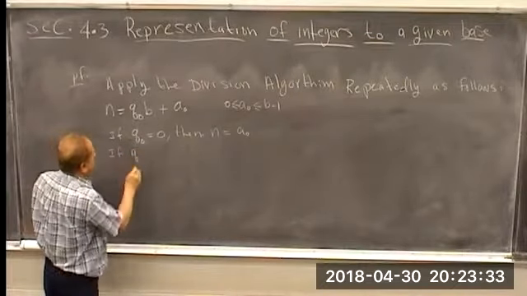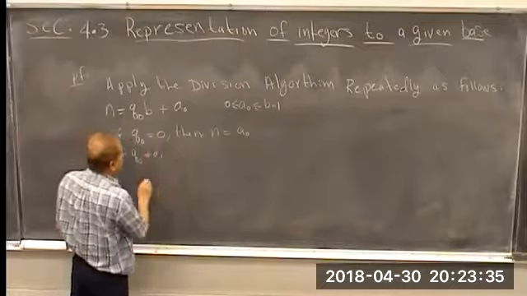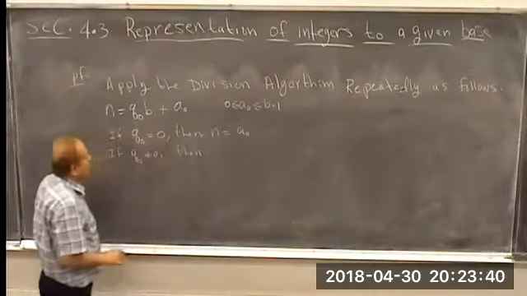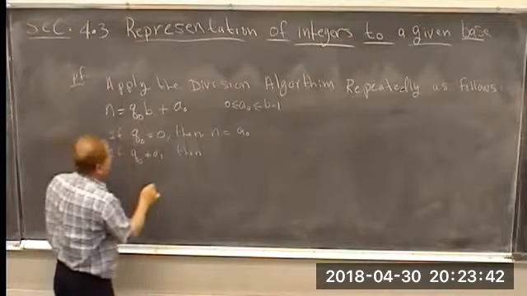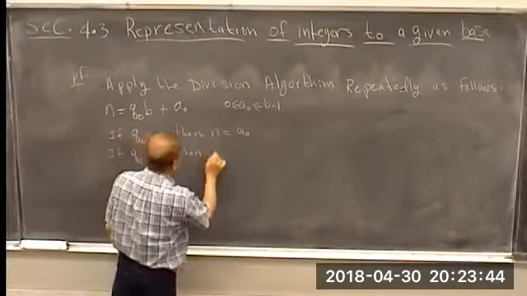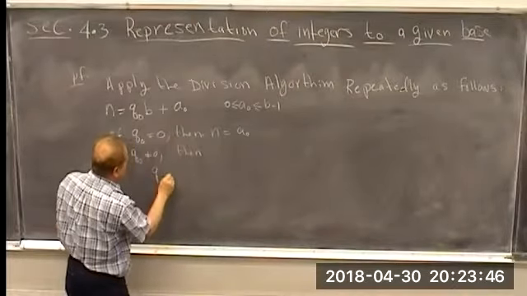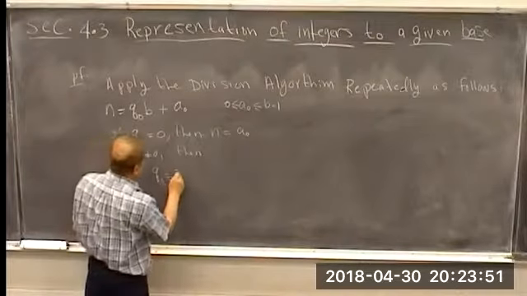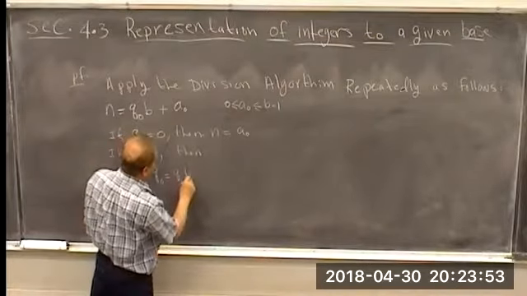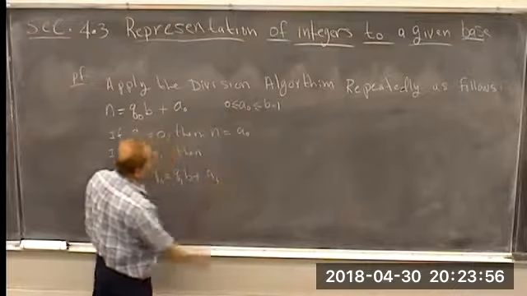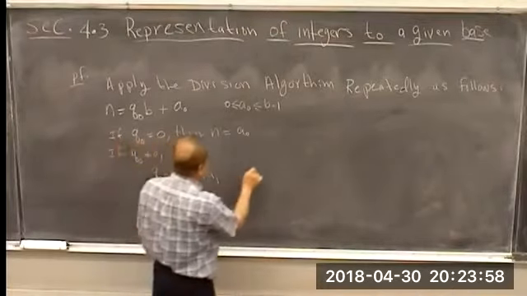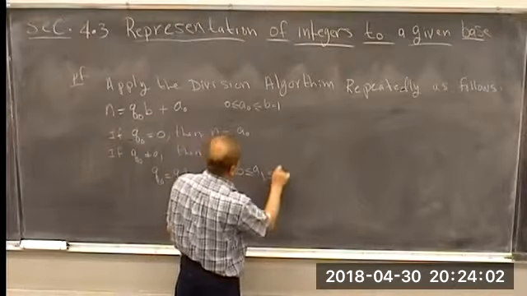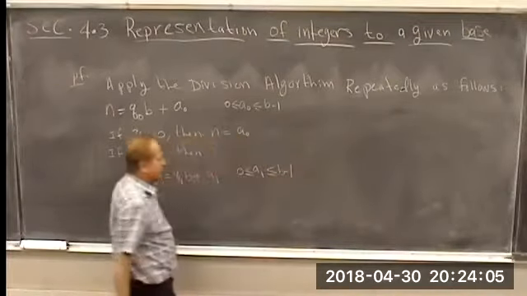If not, if q_0 does not equal 0, then we take q_0 and divide it by b again. So we get q_0 is equal to q_1 b plus a_1, where a_1 again is bigger than or equal to 0 and less than or equal to b minus 1, because we are dividing by b.